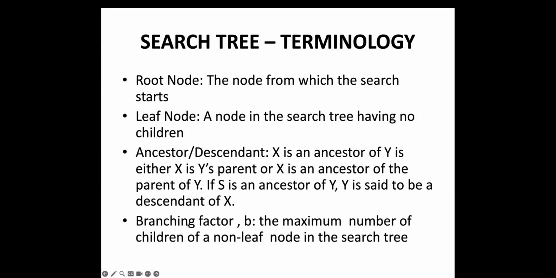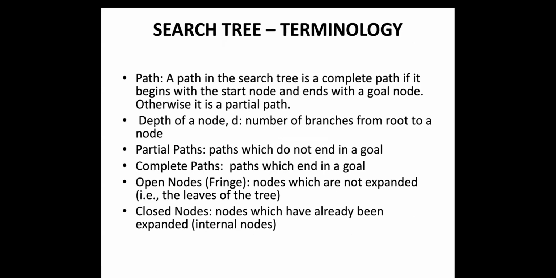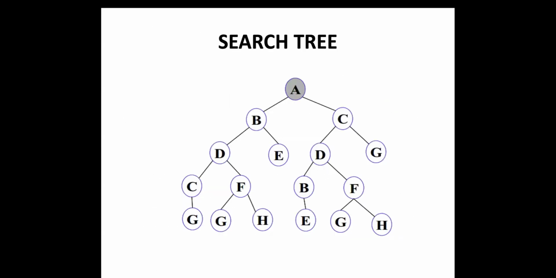Then there is a concept of branching factor. What we mean is, from a particular node, the maximum possible children you can have. Here, from A, we have two children emerging. Even from B, we have two children.